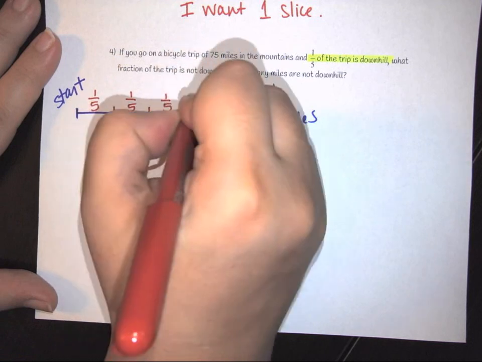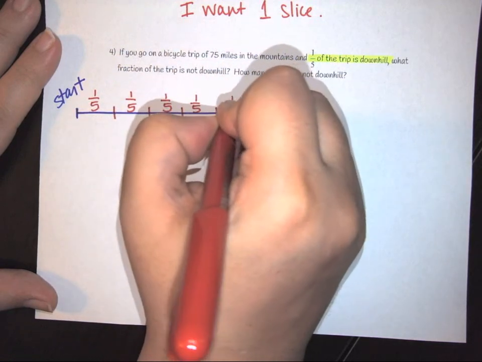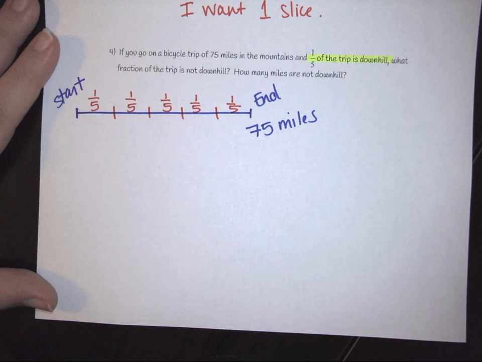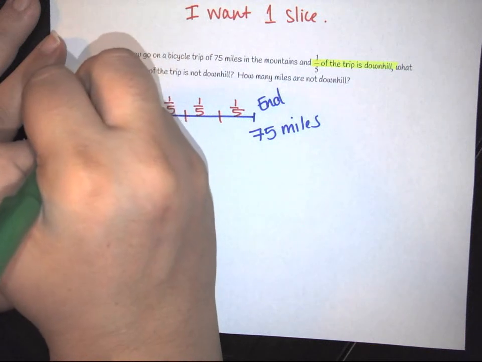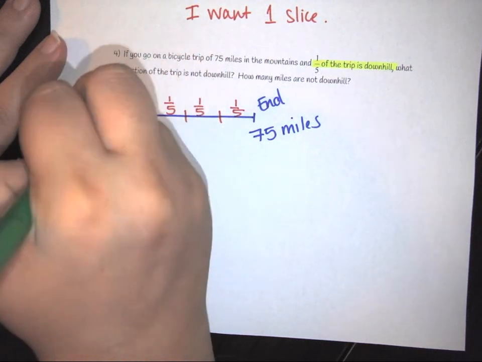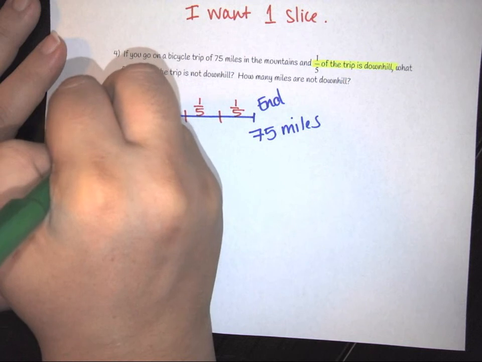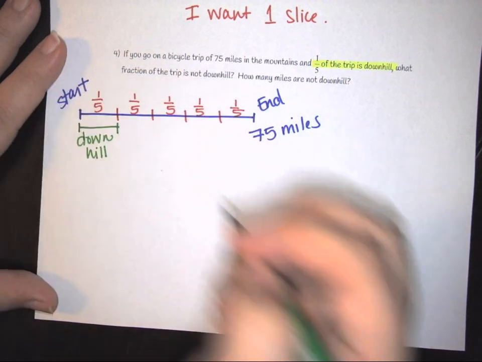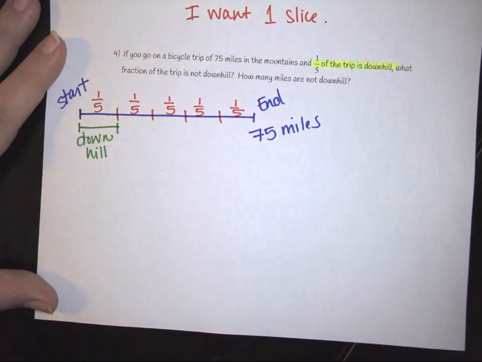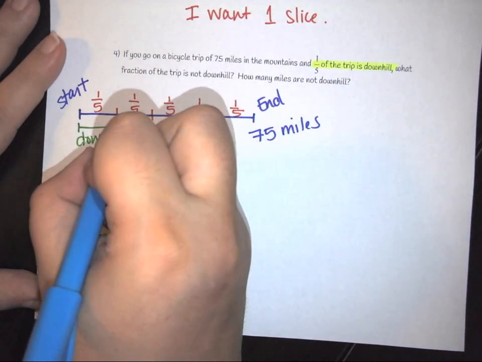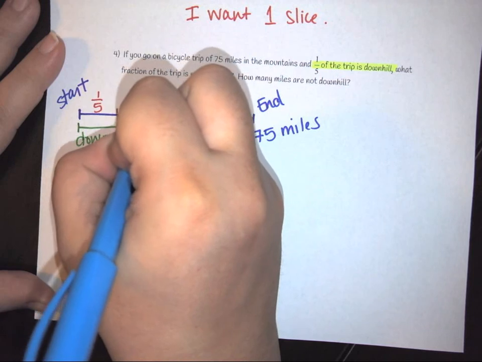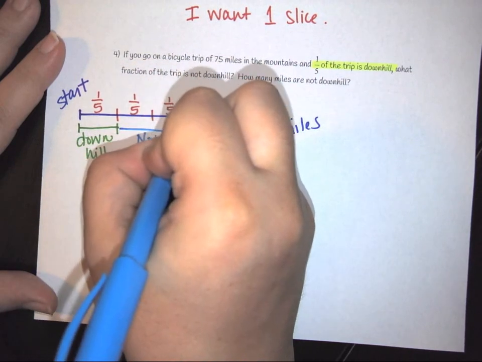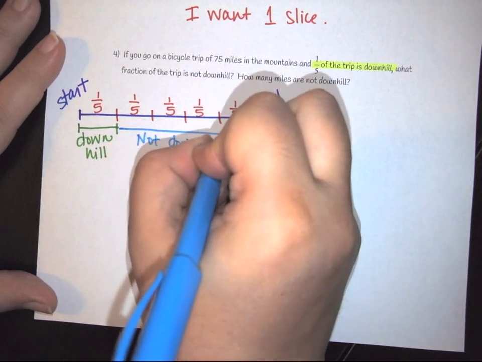And if you add all those up, obviously 5 of them means 1 full trip. Now specifically, what are we told? We're told that 1/5 of it is downhill. So this first piece right here is going to be downhill. What that means is that the rest of this, these other pieces here, are considered to be not downhill.